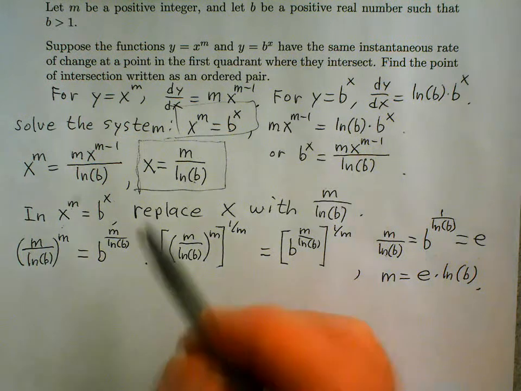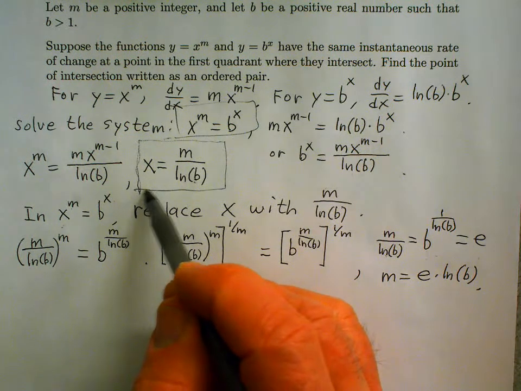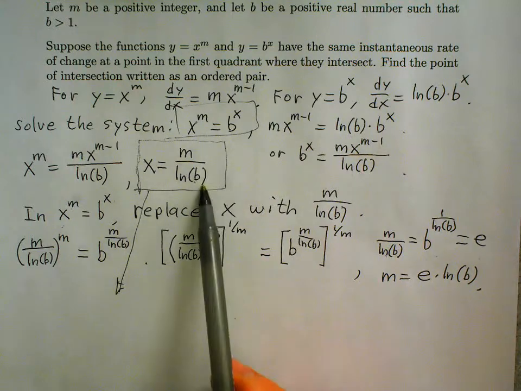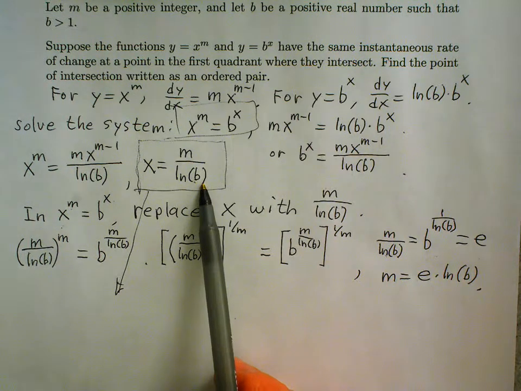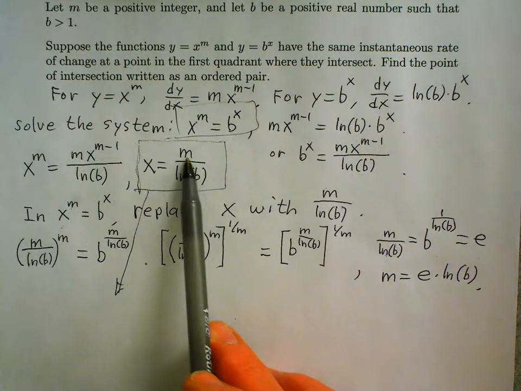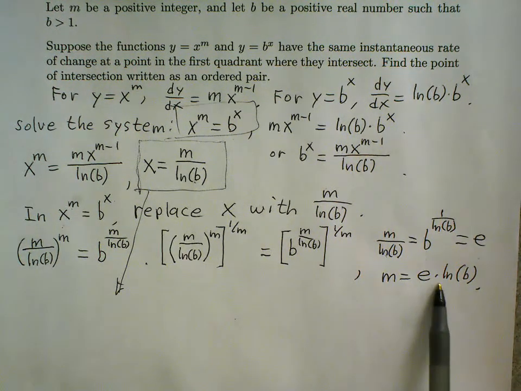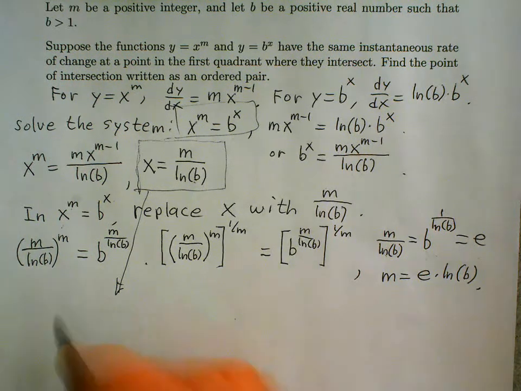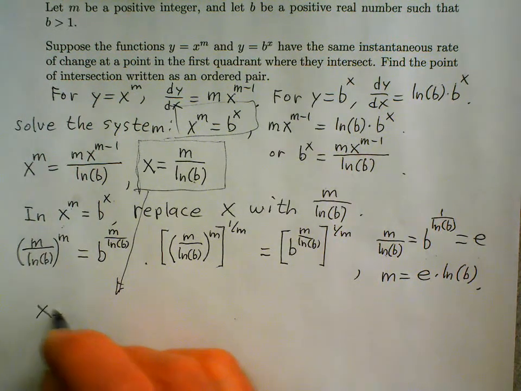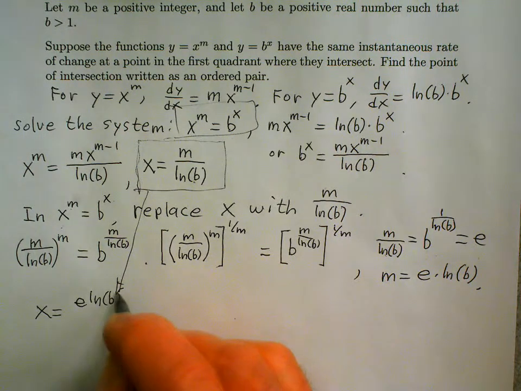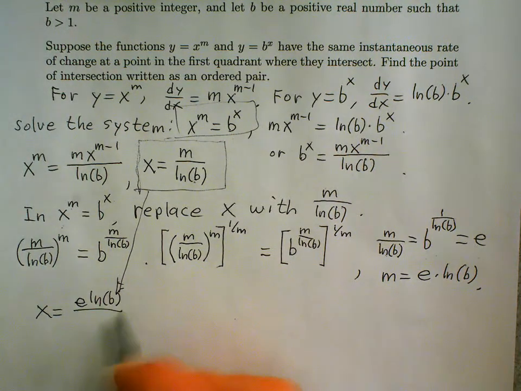Okay, so once again, we're going to use the fact that x equals m over the natural log of b. And in this equation, we're going to replace m with e times the natural log of b. So we get x equals e times the natural log of b divided by the natural log of b.